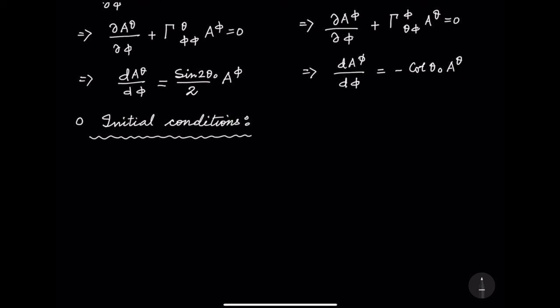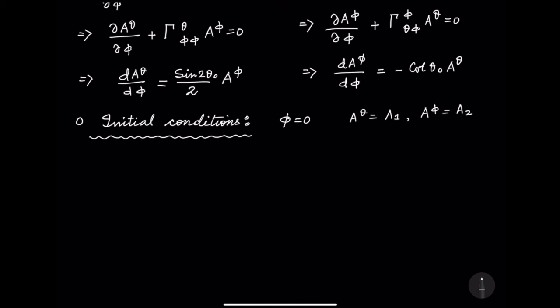So let us write down the initial conditions first. Phi equals 0 is the initial condition. We say that A theta is a1 at phi equals 0, and A phi we call a2.